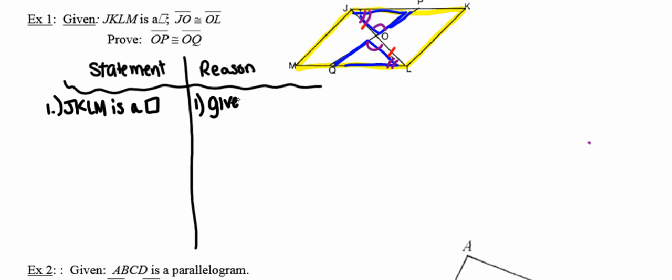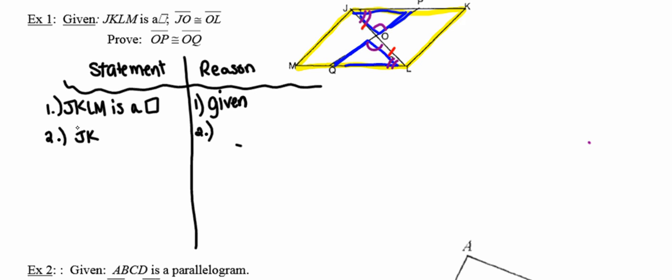And because it's a parallelogram, I automatically know that the top side and the bottom side are parallel. I also know a whole lot of other things about it, but the only pieces I really need to pull out of that are the parallel lines, because then I'm going to use those parallel lines to make angles 1 and 2 congruent.